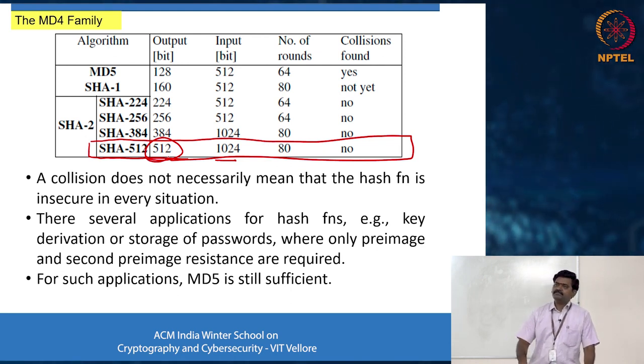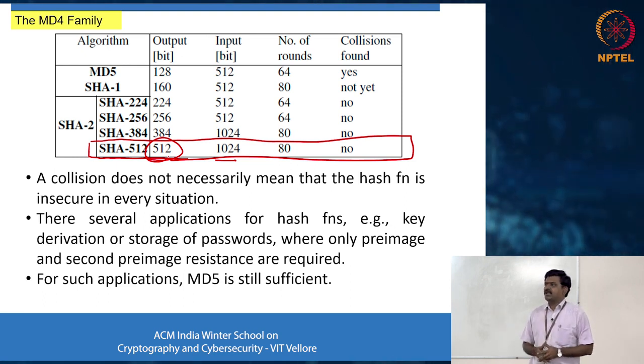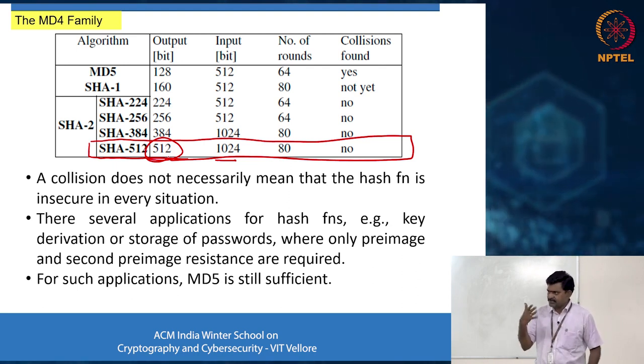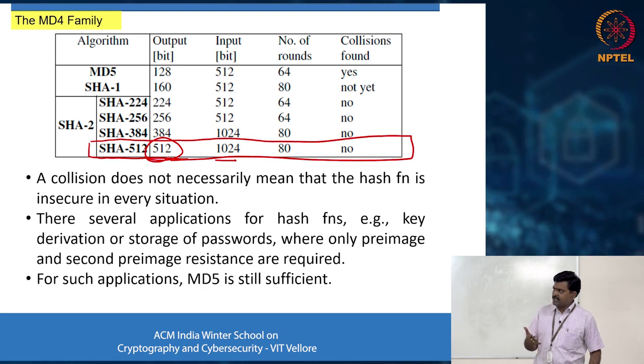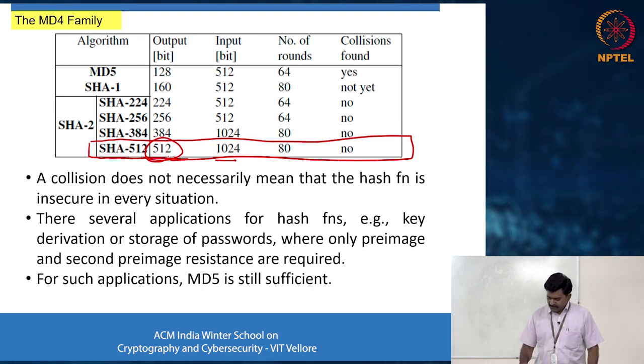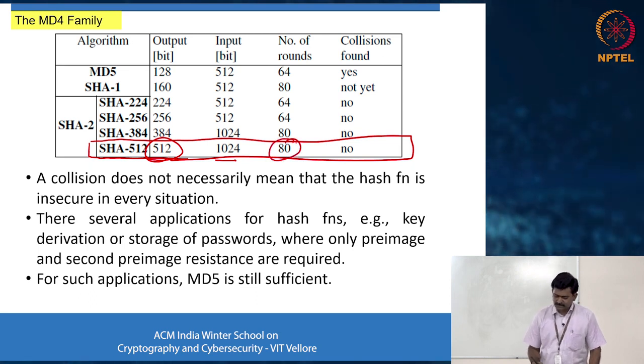And remember, in order to do this digest creation, it runs in multiple rounds of operations. Like in the case of DES and AES, we have seen multiple rounds. In a similar way, there are 80 rounds of operations.